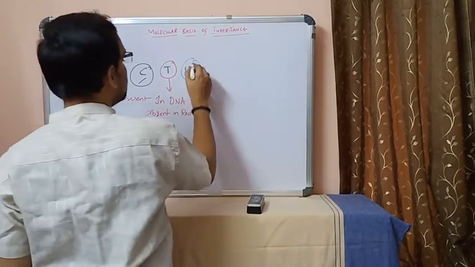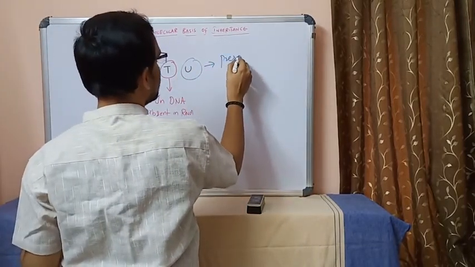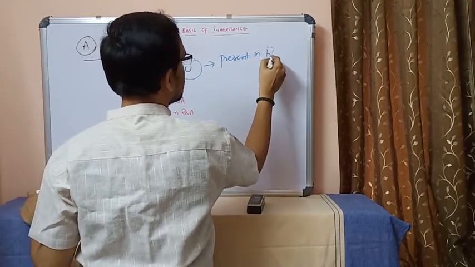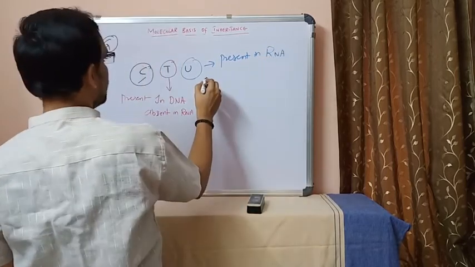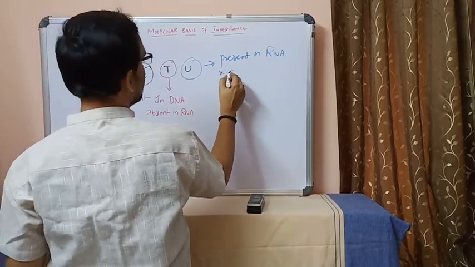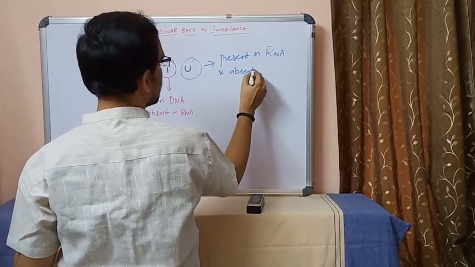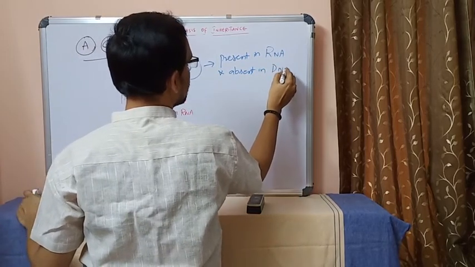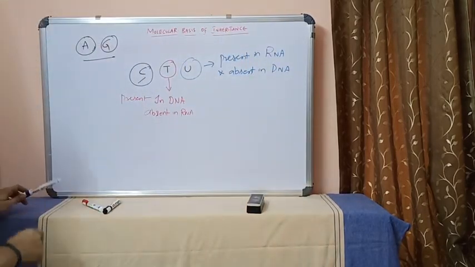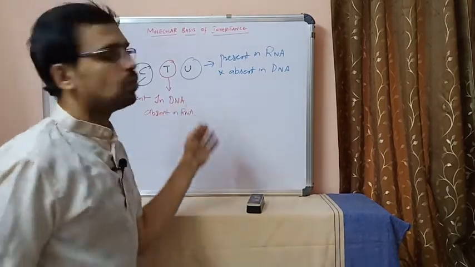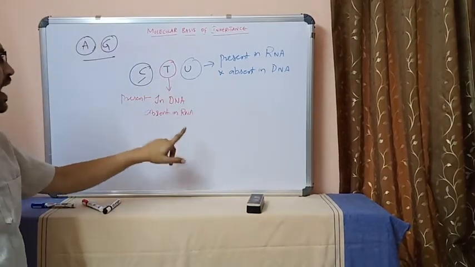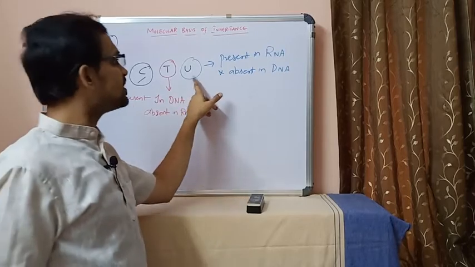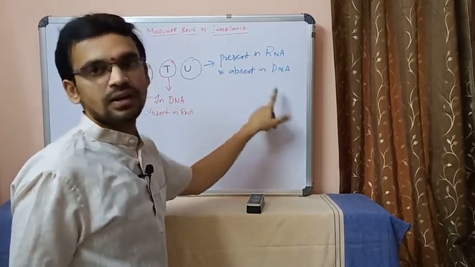Uracil is present in RNA, and absent in DNA. So thymine is present in DNA, absent in RNA. Uracil is present in RNA, absent in DNA.